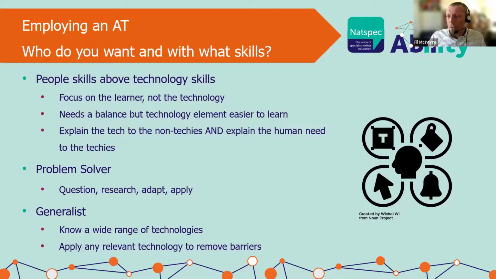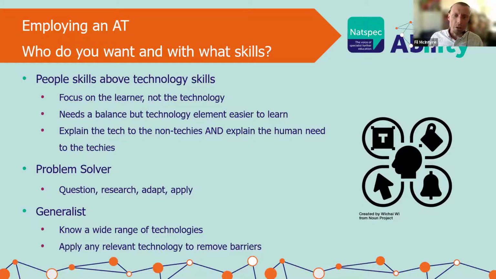It's thinking first about the people skills above the technology skills. You do want someone to have knowledge and a kind of technology leaning, that they'll be happy to work with technology, but they need the people skills. They need to be able to focus on the learner and not the technology.